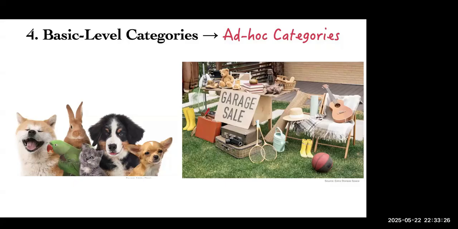There's another concept in cognitive science called ad hoc categories. A well-known example is what items can be sold at a garage sale. It's a task made up to suit someone's needs. It's categorization on demand.